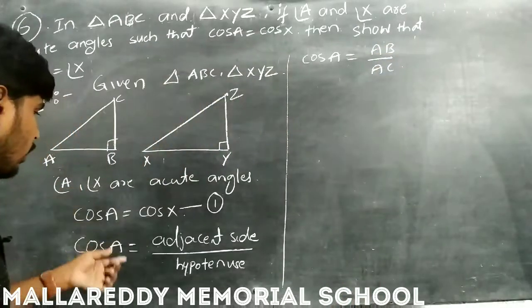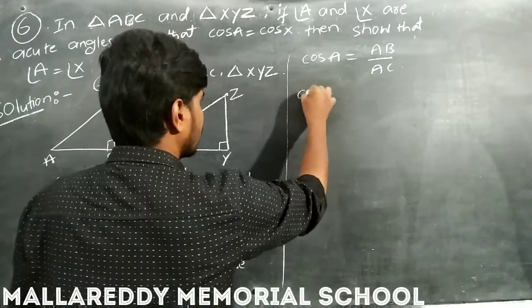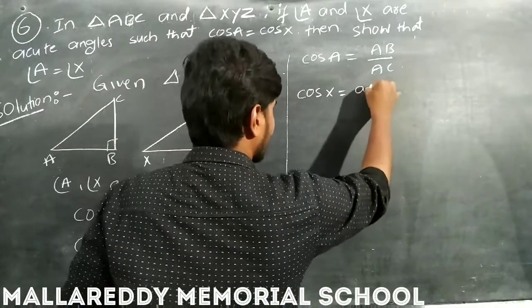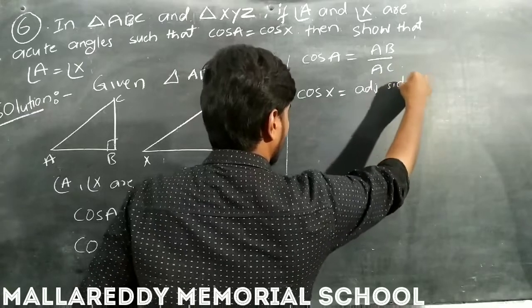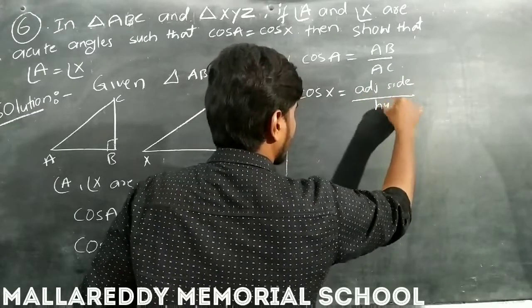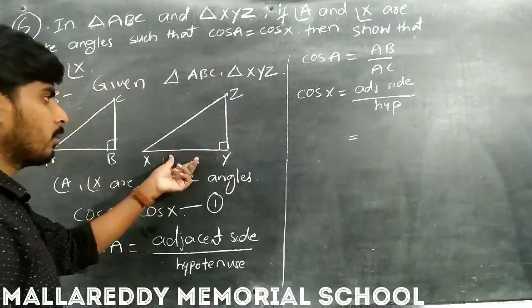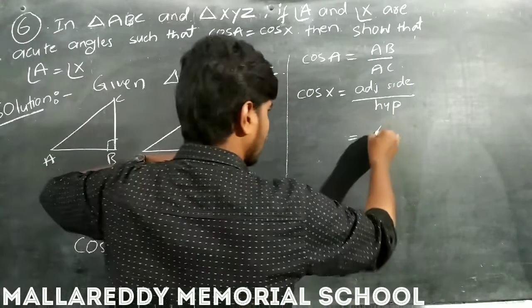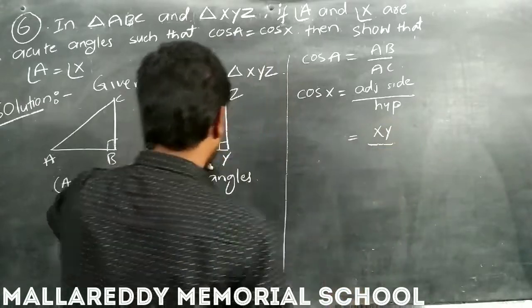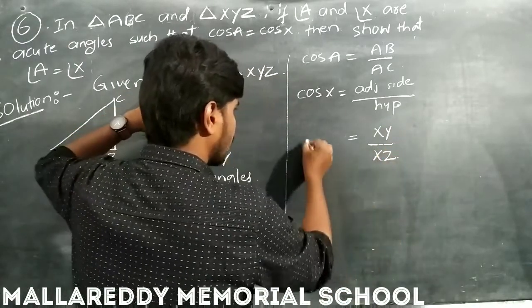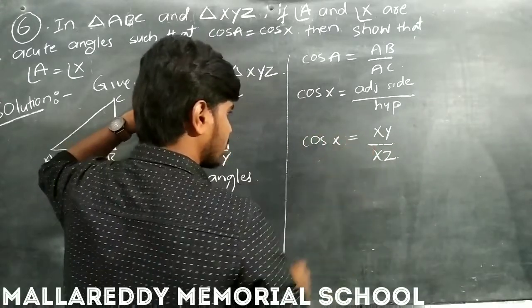Take the cos X ratio next. Similarly, cos X is adjacent side by hypotenuse. In triangle XYZ, XY is the adjacent side and XZ is the hypotenuse. This is the cos X ratio.